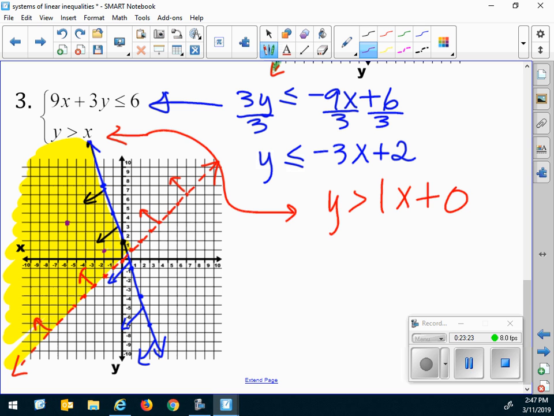Is that a solution? Good. 0, 1 is a solution. Negative 10, 10. Is 0, 2 a solution? Yes, because it's on a solid line.